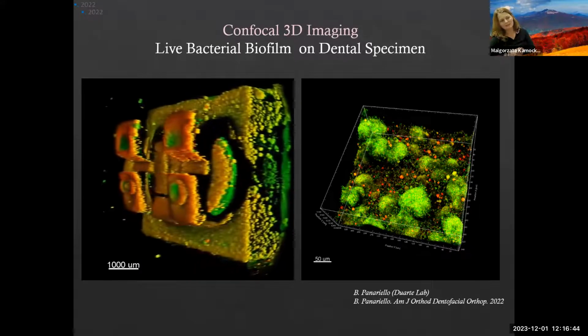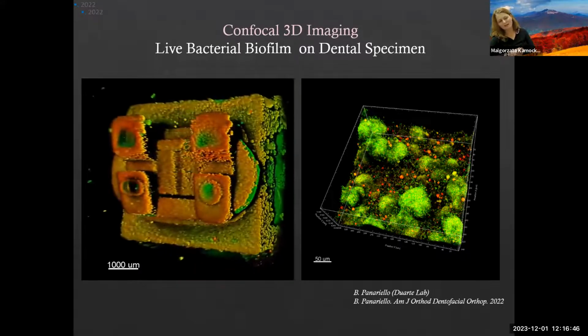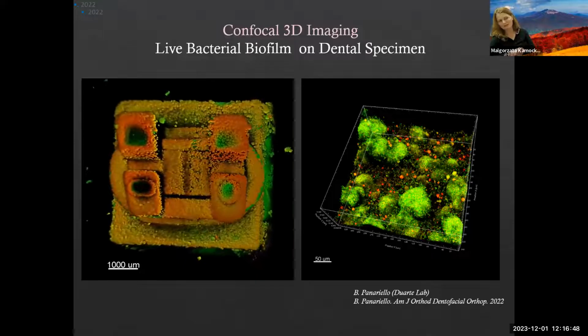And you can imagine, it was impossible for us to image it with higher magnification. It would really take lots of time, but this low magnification image gave us enough information to calculate the ratio of live to dead bacteria. The biofilm, they grow also biofilms on other specimens. I imaged them on metal discs, on implants. I also imaged the root canal.